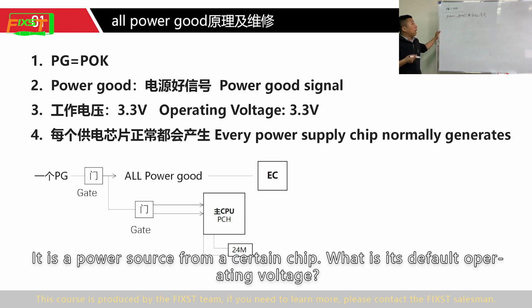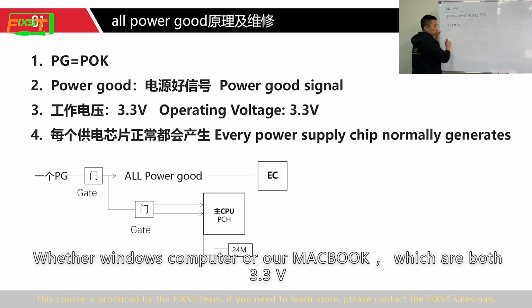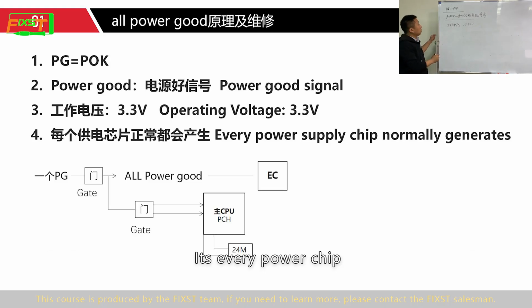It is a signal from a certain power chip. What is its default operating voltage? On both Windows computers and our MacBook, it is 3.3 volts. It's every power chip.